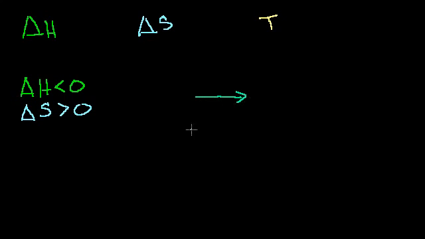Maybe we have more particles. We've seen that entropy is related to the number of particles we have. So this could be a reaction where, let's say, I have this guy, and say he's got one guy like that there. And then I have another guy like this.